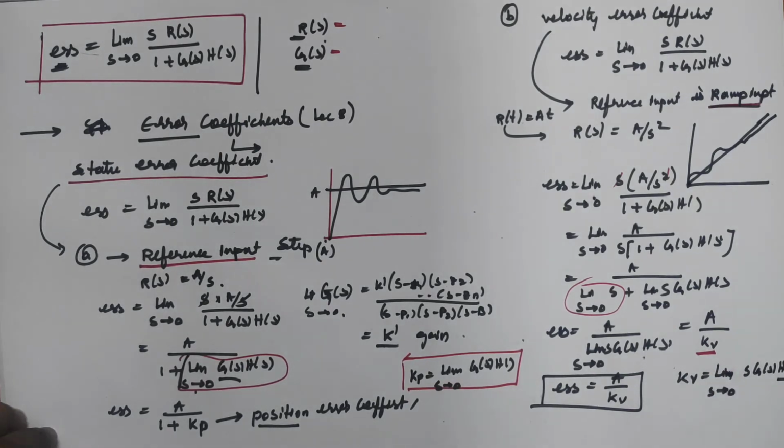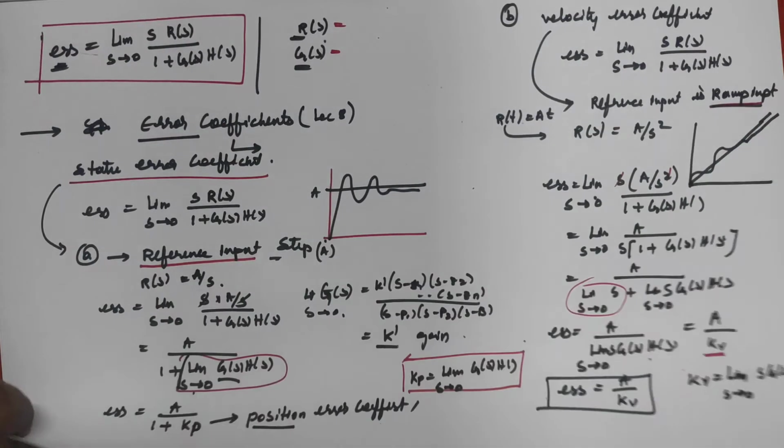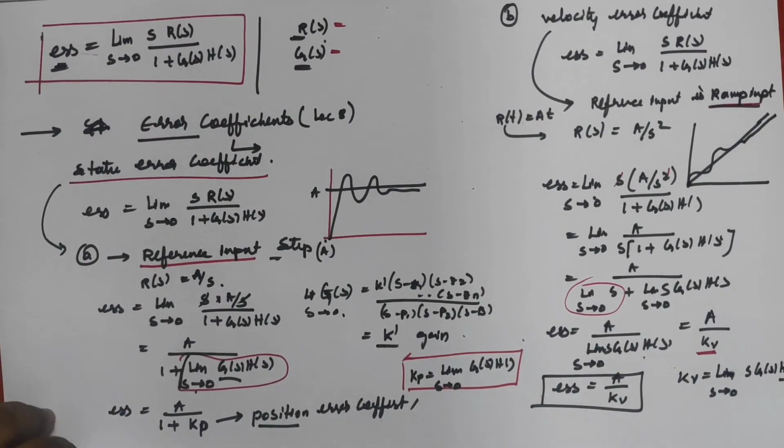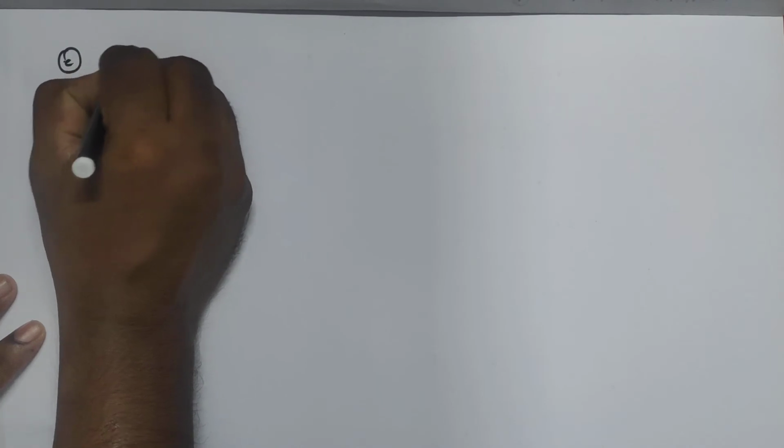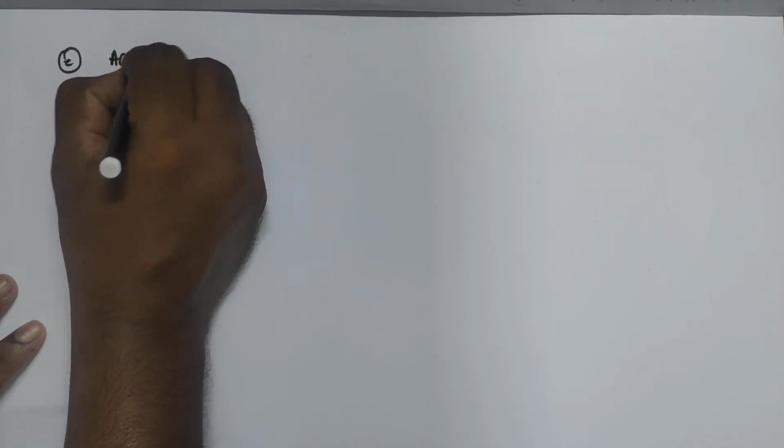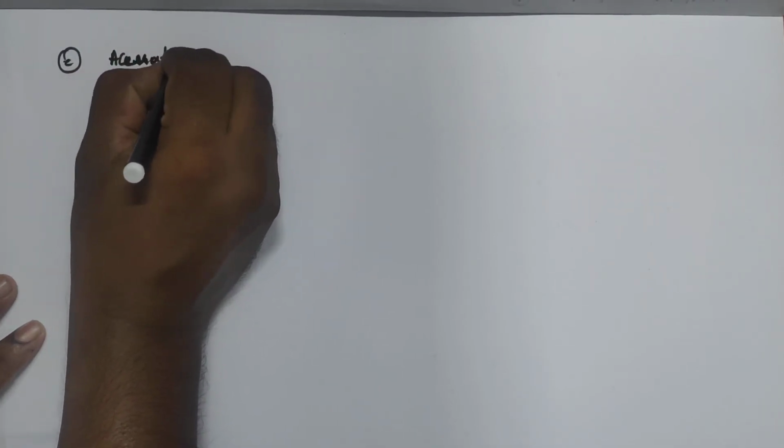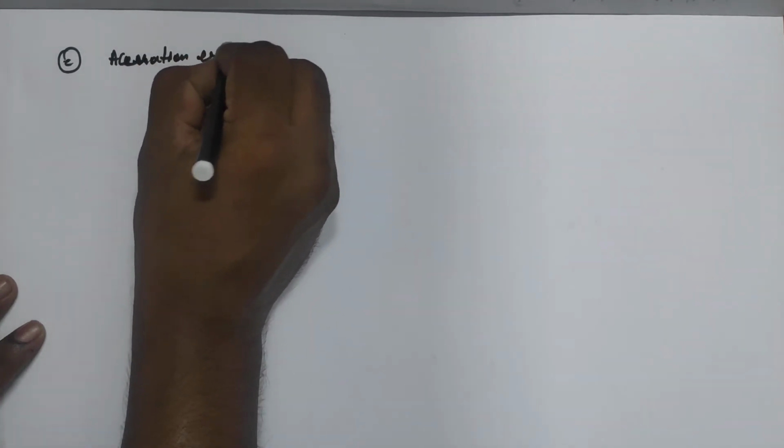Now we have another coefficient called the acceleration error coefficient. So we'll look at this again. What is acceleration? The third error coefficient is the acceleration error coefficient.